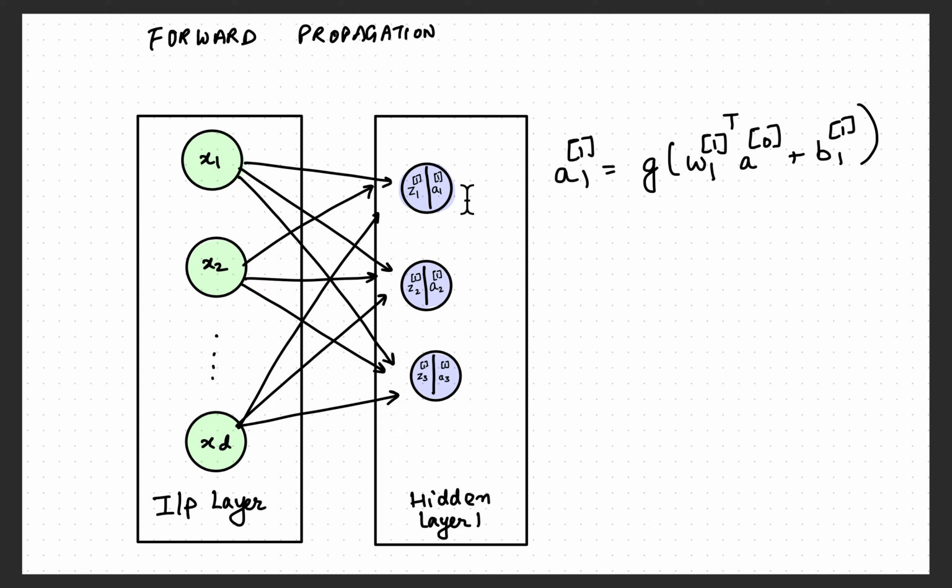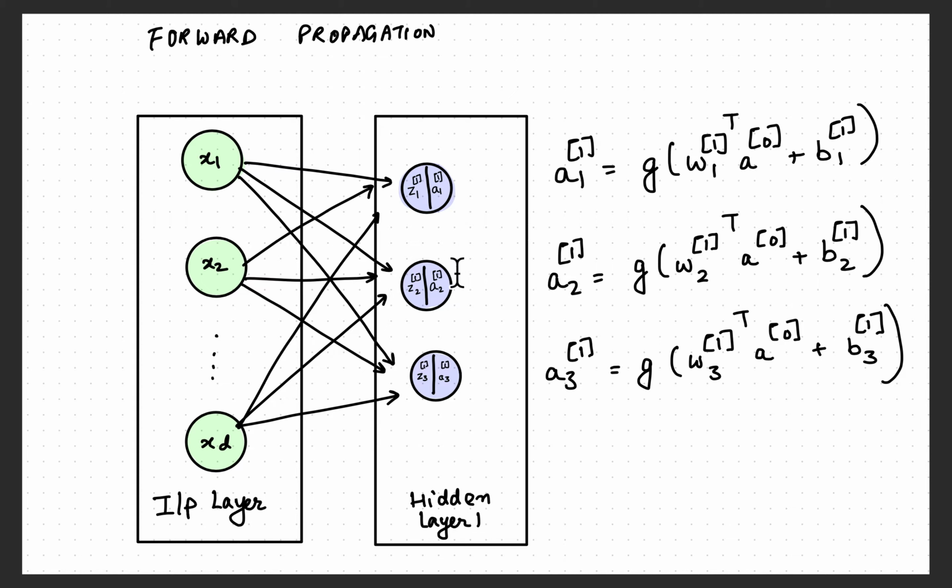Okay, let's now work out the same logic for all of the nodes in this particular layer 1, hidden layer 1. So we can write A square bracket 1 subscript 1 as the activation function G applied on W square bracket 1 subscript 1 transpose A square bracket 0 plus B square bracket 1 subscript 1, and we can write the same formula for the other nodes in this network.